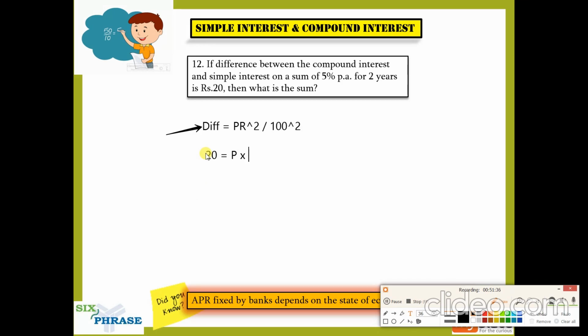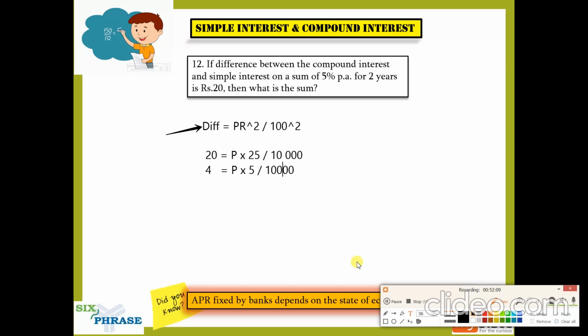5 squared is nothing but 25. So can I write just 25 divided by 10,000? If you solve it, you will get 4 is equal to P into 5 divided by 10,000.